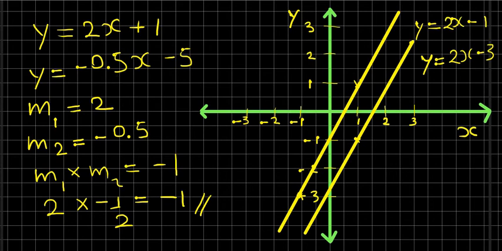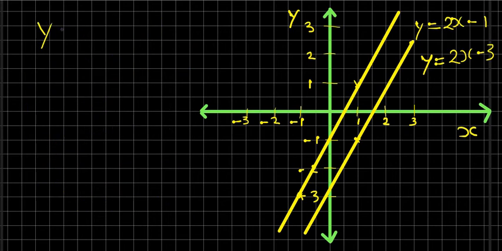Now, the learning point is, if two lines are perpendicular, m1 multiplied by m2, that is gradient 1 multiplied by gradient 2, should equal minus 1. Consider this straight line, y equals minus 2x minus 1. Now we know the intercept of the function is minus 1.